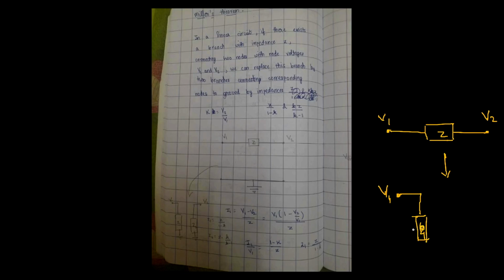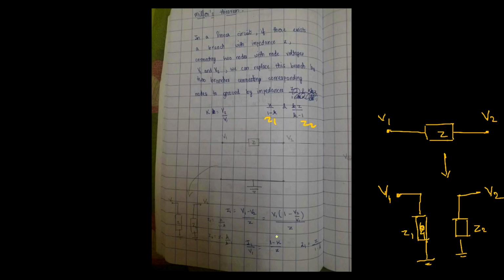This is Z1 and this is Z2, where Z1 is equal to Z divided by 1 minus K, and Z2 is equal to K into Z divided by K minus 1, where K is the division of the potentials present across each terminal. So K is V2 divided by V1.